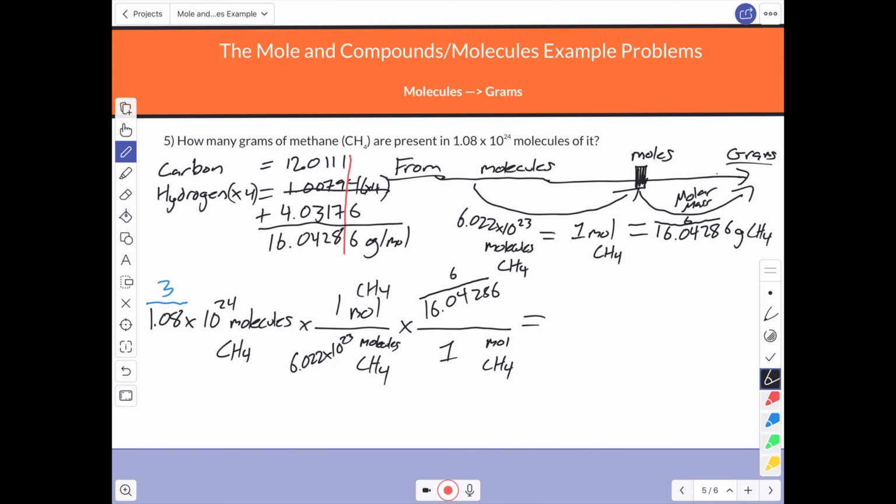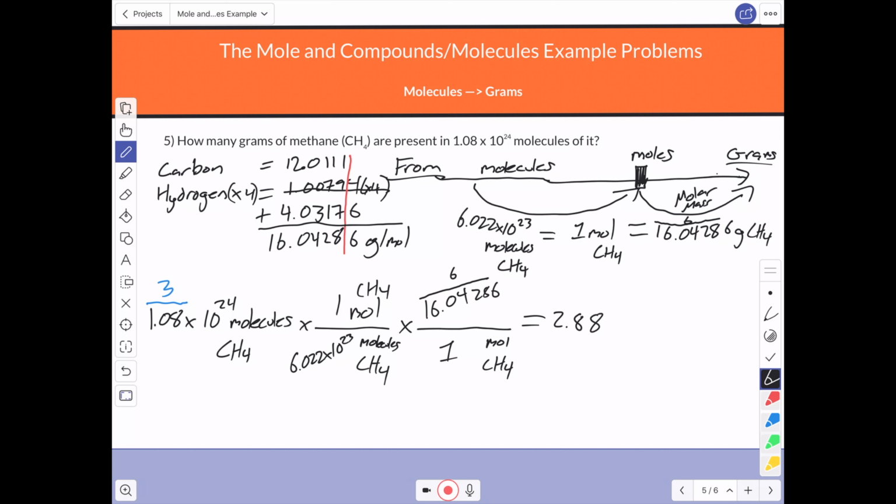Alright, so let's do our math. We're going to multiply across the top, 1.08 times 16.04286, and then divide that by 6.022, leaving us with 2.88.